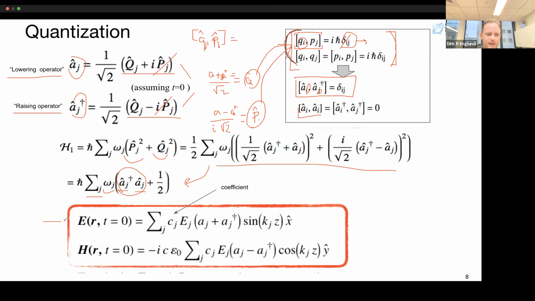Okay, and then finally, now in connecting this to the P and Q terms on the previous page, we can write an expression, at least now for time equals 0, of the electric field operator.